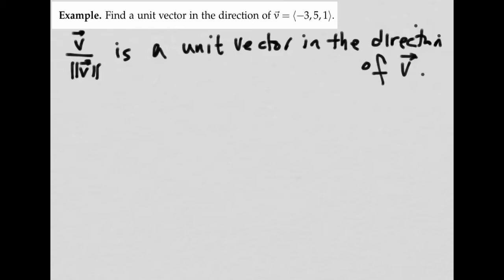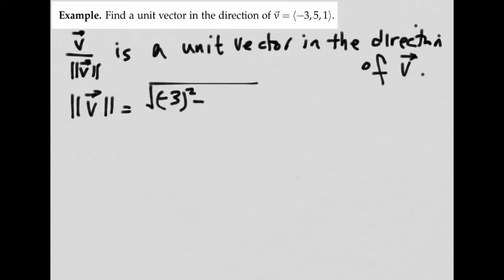So let's find the magnitude of v. That is the square root of -3 squared plus 5 squared plus 1 squared.